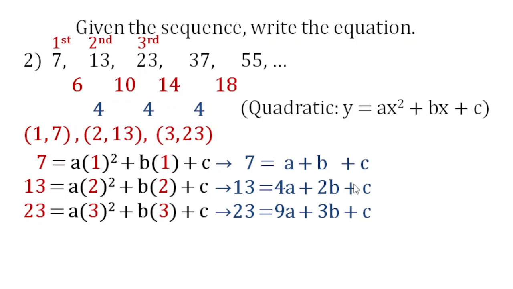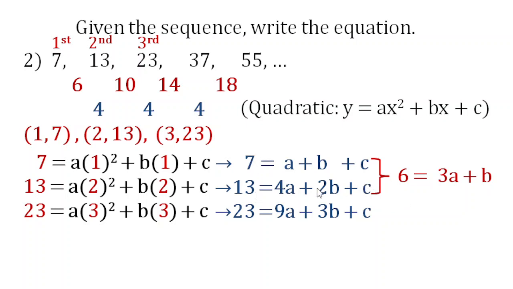Now, solving equations 1 and 2 simultaneously, we subtract equation 1 from equation 2. So c minus c is 0, 2b minus b is b, and then 4a minus a is 3a, and then 13 minus 7 is 6.